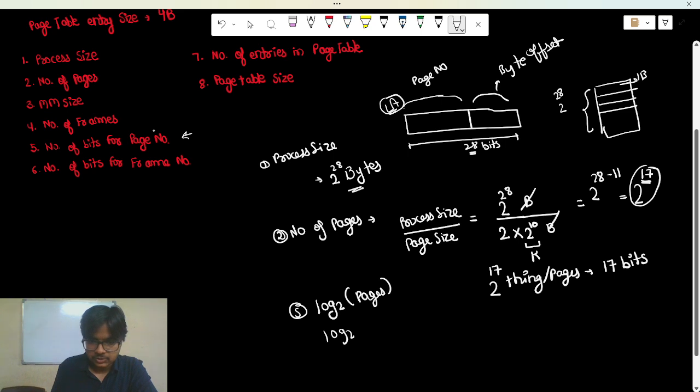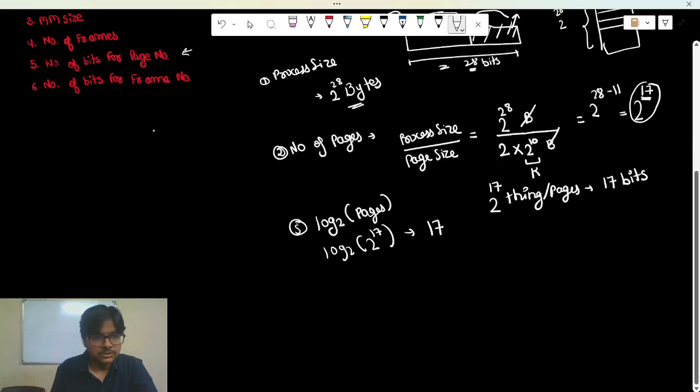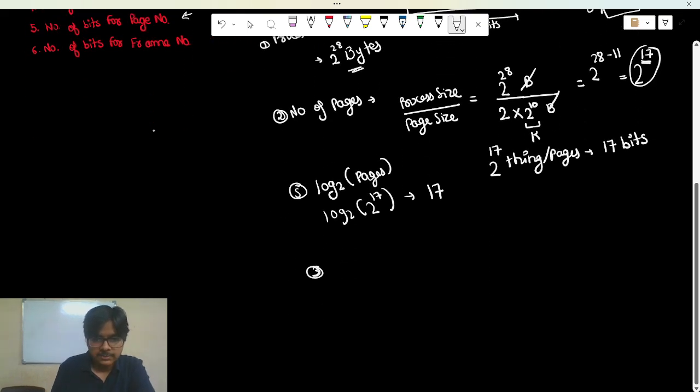So log base 2 of 2 raised to the power 17 pages will give you 17. So from 28 bits in the logical address, the bits required for page number will be 17, and the left section will have 11 bits.